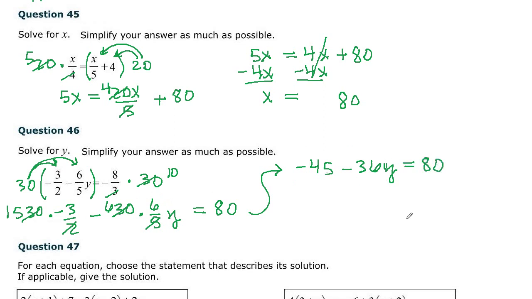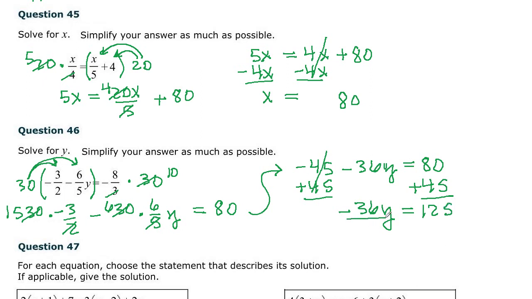Again, no more fractions. We cleared out fractions by multiplying through by the LCD. Variables are already on the left. Only got one variable term. Let's add 45 on both sides to move that number over. So these guys cancel. Negative 36y is equal to 80 plus 45, 125.